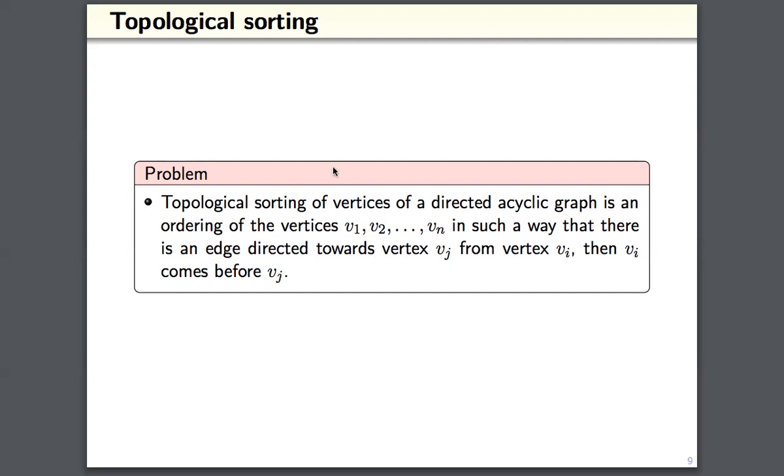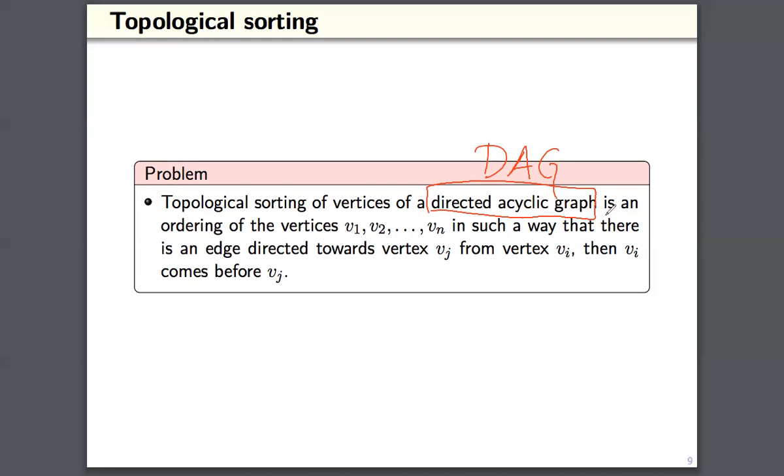Seems complicated to understand, right? So what are we saying here? Topological sort of a DAG, directed acyclic graph. Why did we say this? Directed graphs are more generic than undirected graphs. Acyclic: what happens if there is a cycle?